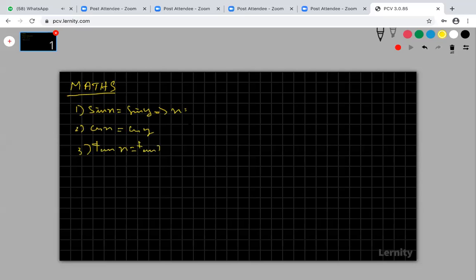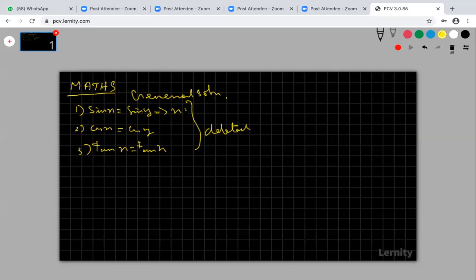All these general solutions in trigonometry are deleted in our third chapter. And chapter 4, mathematical induction, is totally deleted.